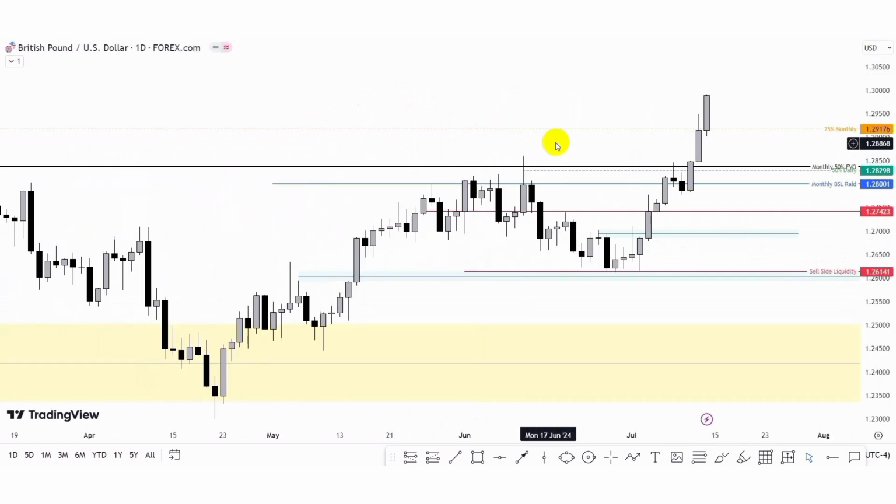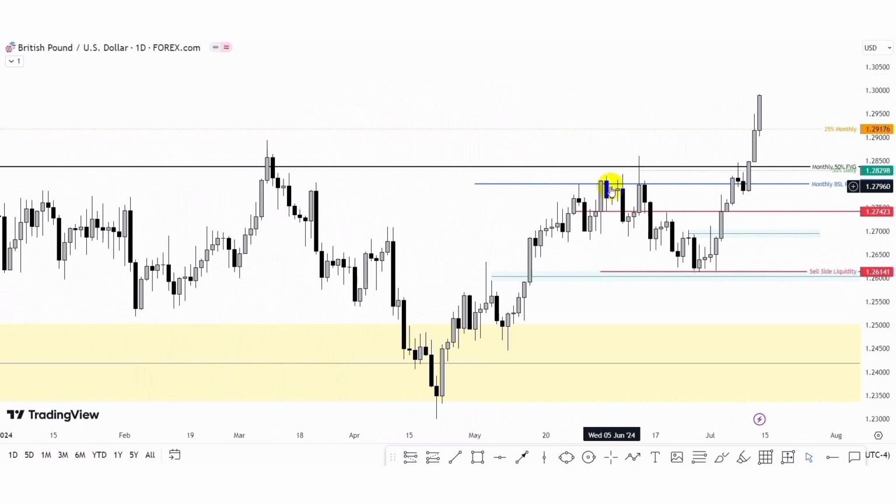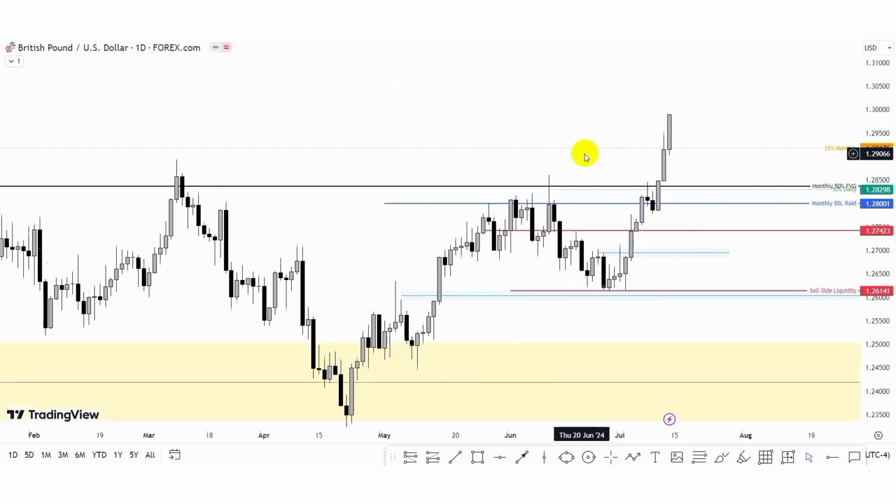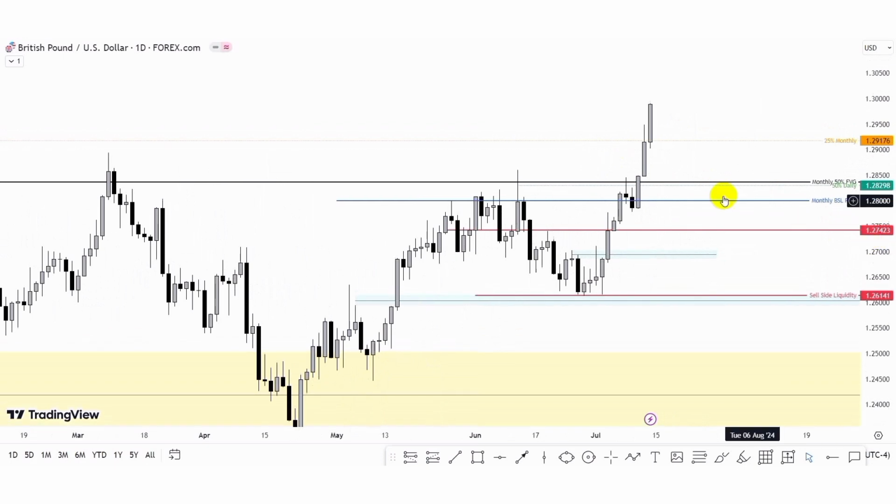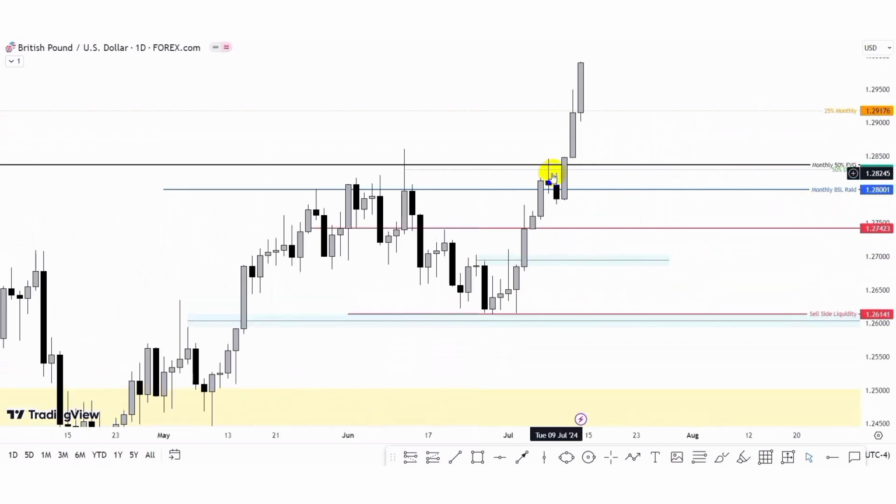Now you can see in the daily time frame, we have price sweep that liquidity with this candle. So I actually expected to see price reject at this level, and then we have that fall of price to the downside. My expectation was actually to see price fall to this zone, and this level would help us determine if we're still going to have price move to the upside or to the downside, raid the sell side liquidity.